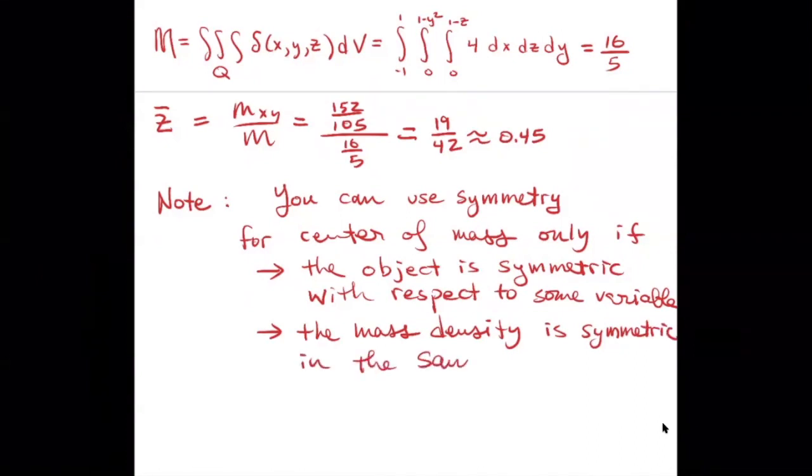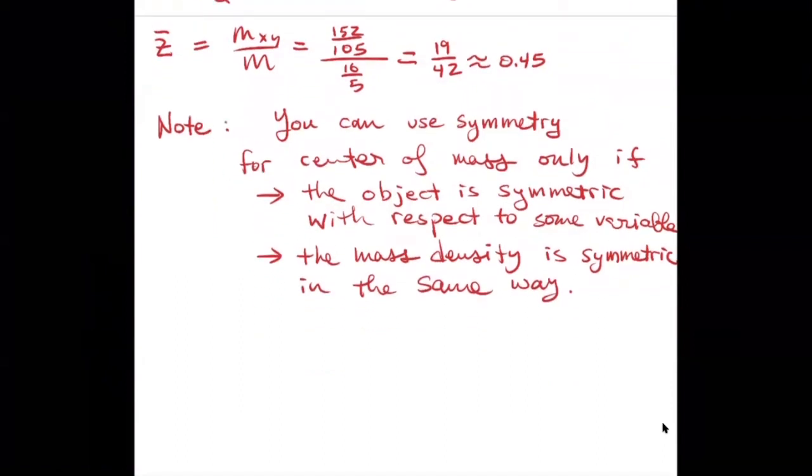So it doesn't make sense to say the center of mass is in the center of an object if one side weighs more than the other. Even if the object is symmetric visually, if the mass is not distributed symmetrically, then the center of mass will not be in the center.